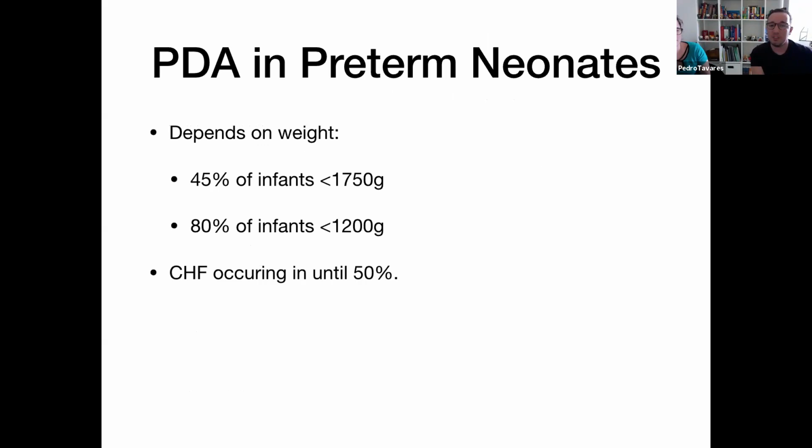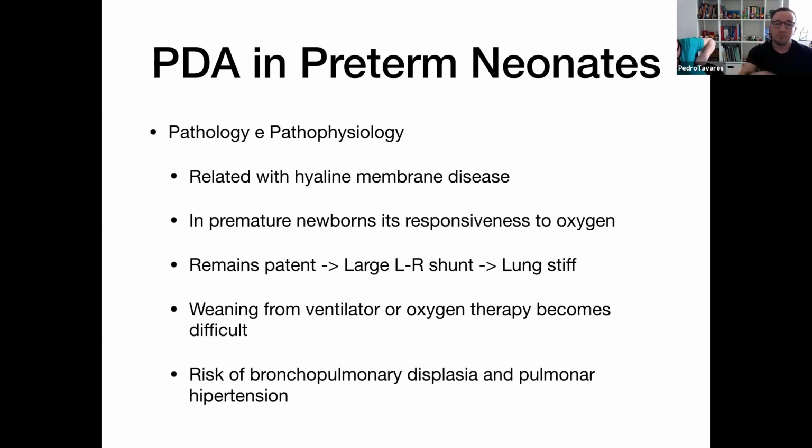About 45% of infants with less than 1.75 kilos will present the PDA, and about 8% of infants with less than 1.2 kilos will present the PDA. And congestive heart failure will occur in about 50% of the patients with this lesion. It's a disease related with hyaline membrane disease.